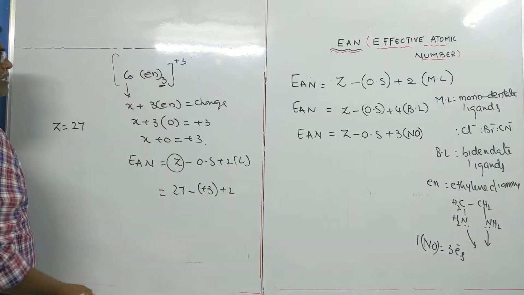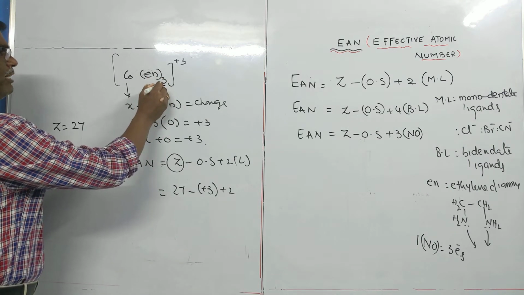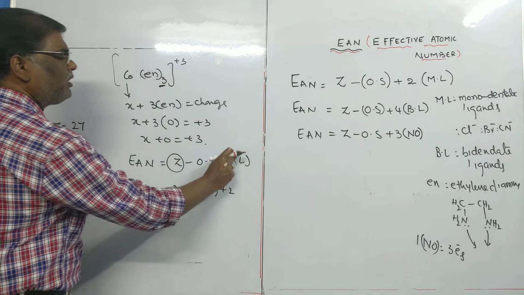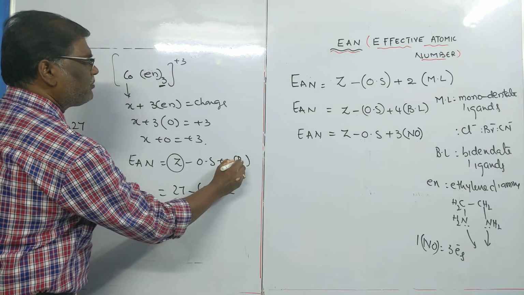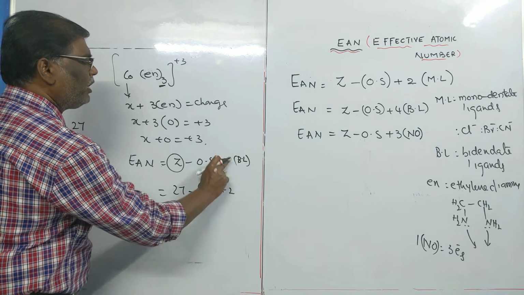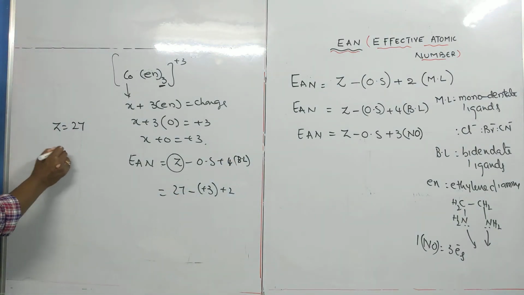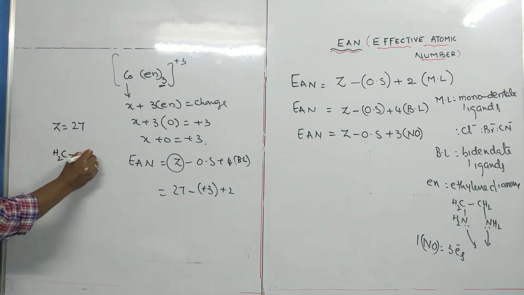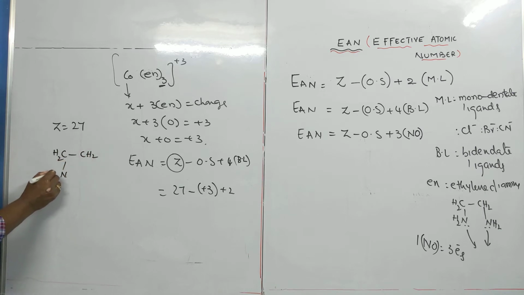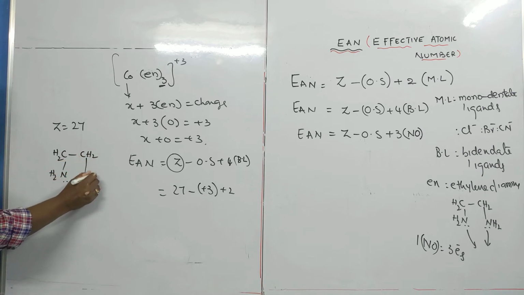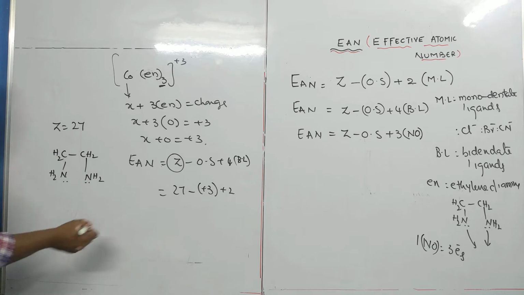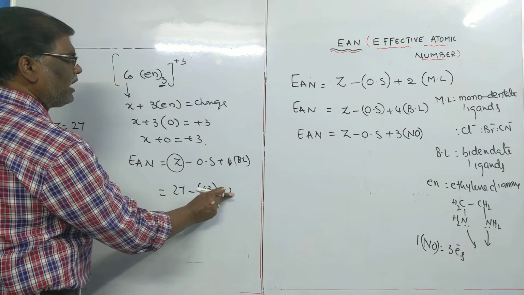Here there are 3 ligands. But I told you these are bidentate ligands. For bidentate ligands we write 4, because each bidentate ligand can donate 4 electron pairs for bonding. That's why I'm writing 4 into bidentate ligands.